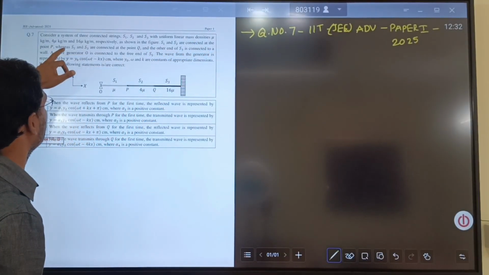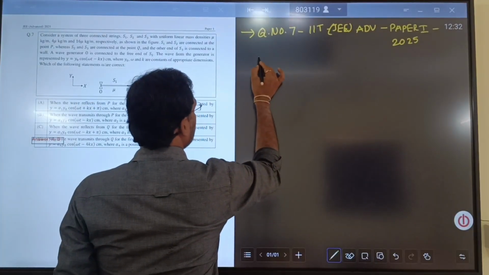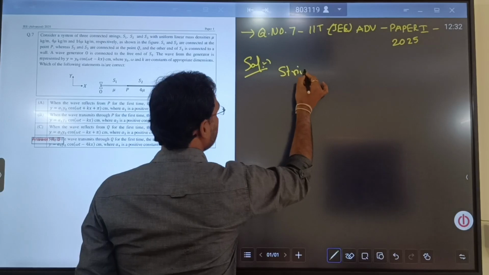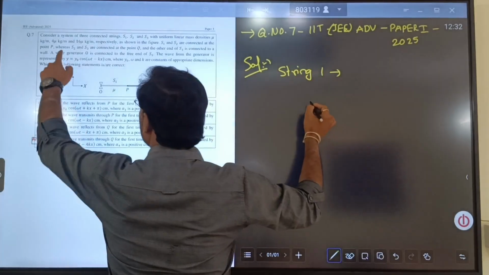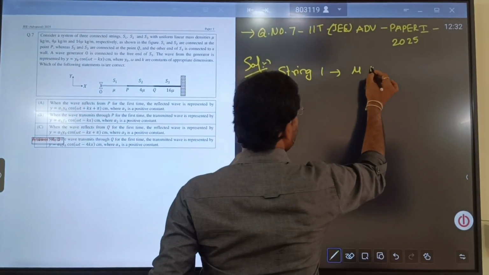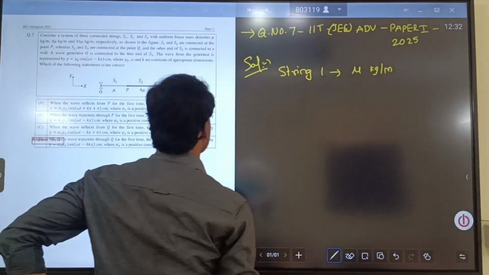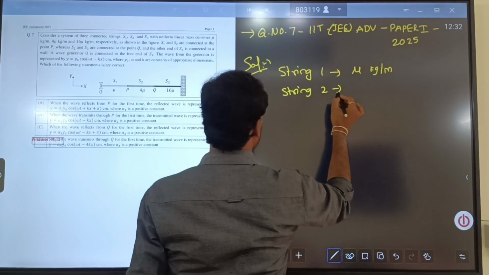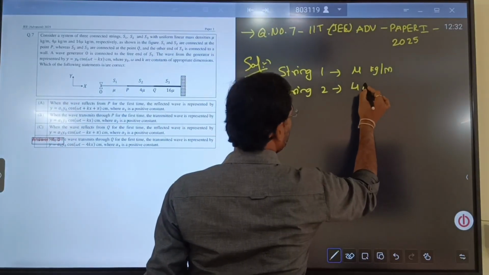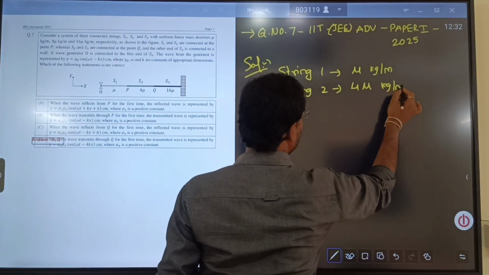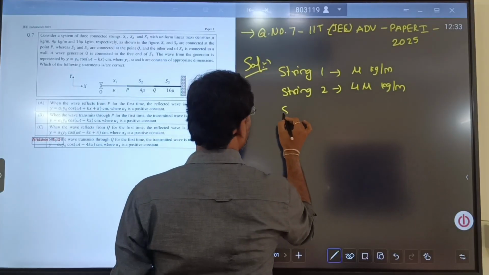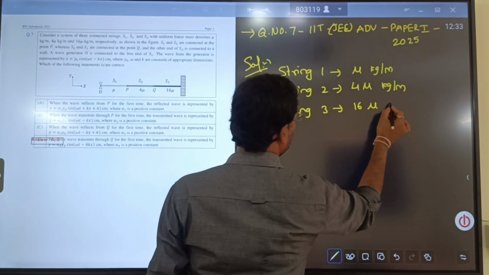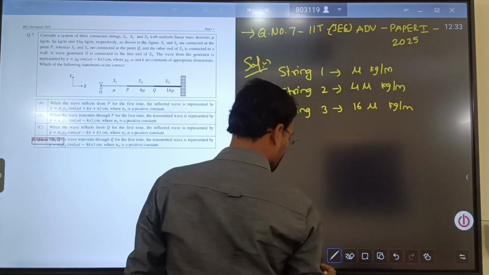For string 1, mu kg per meter is the linear mass density, for string 2, 4 mu kg per meter, and for string 3, 16 mu kg per meter, right?